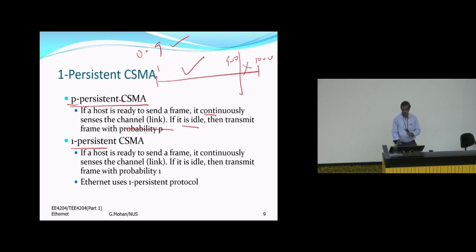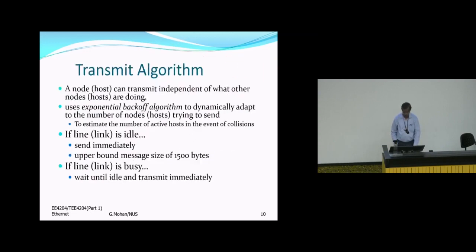So even after finding the link idle, if it transmits with some probability P, then we say it's a p-persistent CSMA. But Ethernet transmits with probability 1 whenever it finds the link is free, unless there's a collision. Okay, that we will see later.